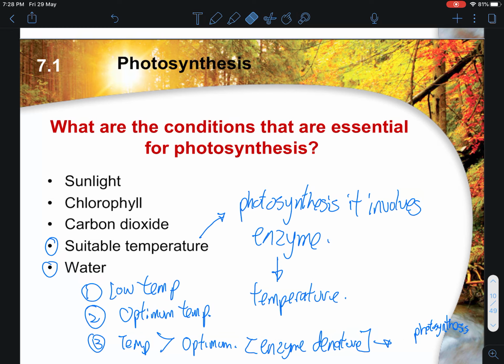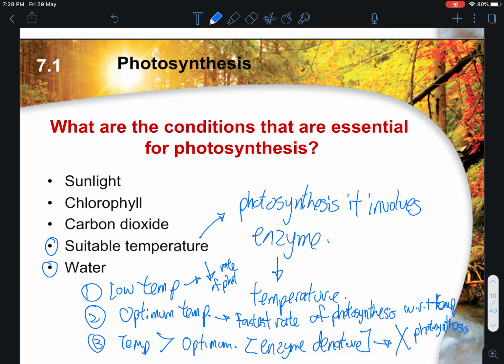Maybe I'll put X. Yeah, no photosynthesis. Optimum temperature is whereby you have the fastest rate of photosynthesis with respect to temperature. Then of course low temperature is basically a very low rate of photosynthesis because of the kinetic particle theory.